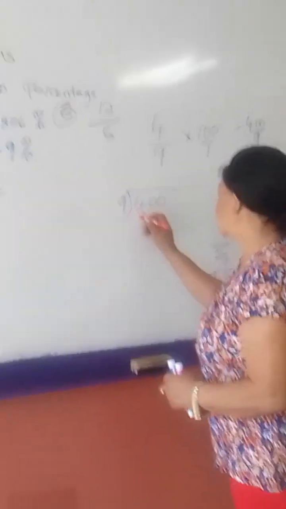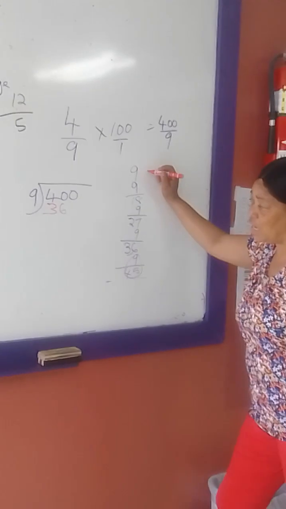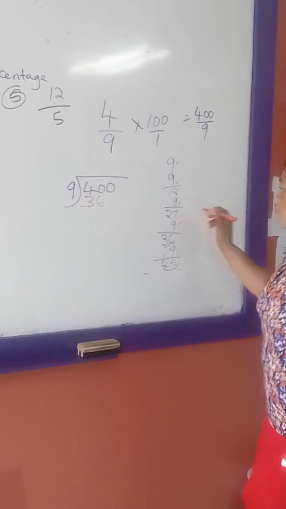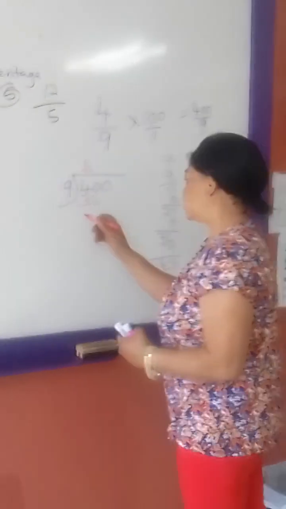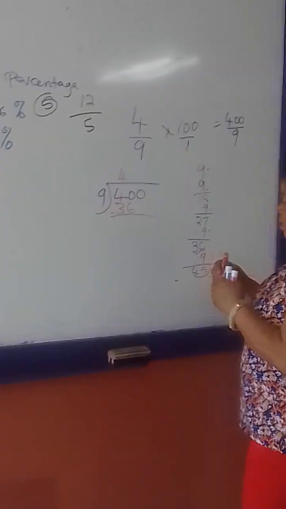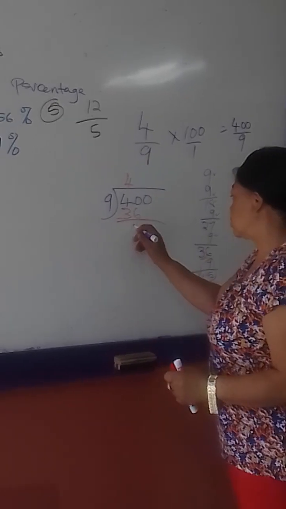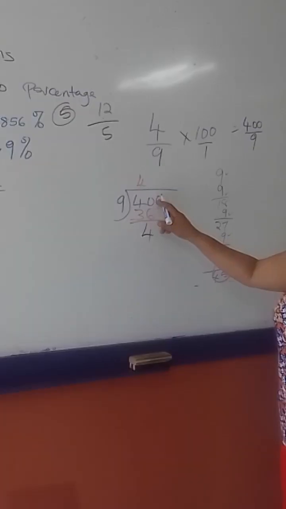That's what I can use. And how many times did I add 9? It's 4 times. 1, 2, 3, 4. So it's 4 9s. That gave me my 36. Now when I take 36 from 40, I am left with 4.